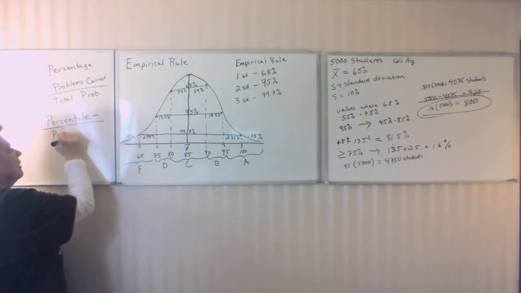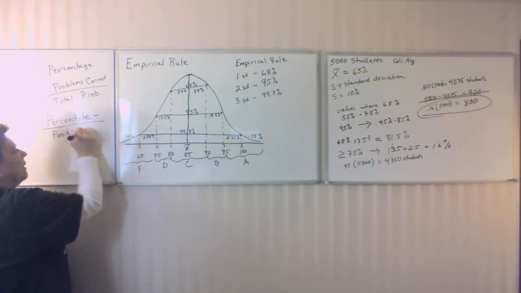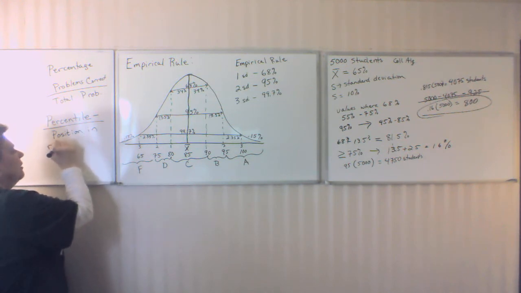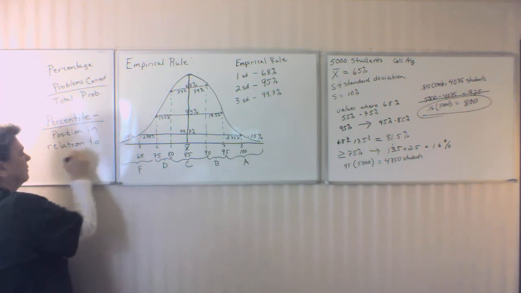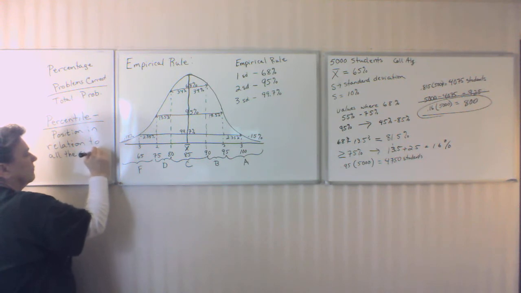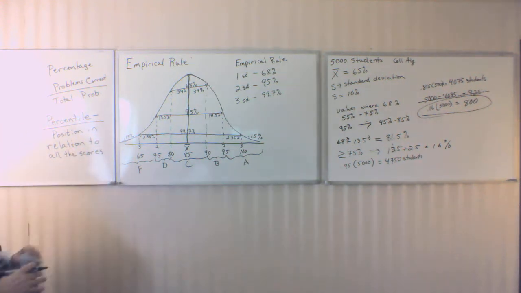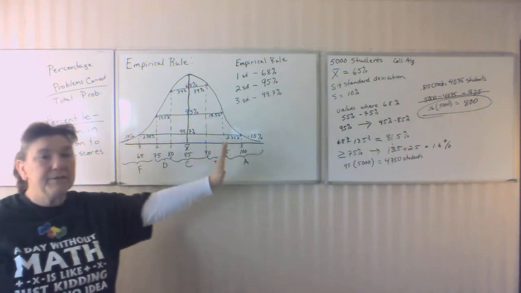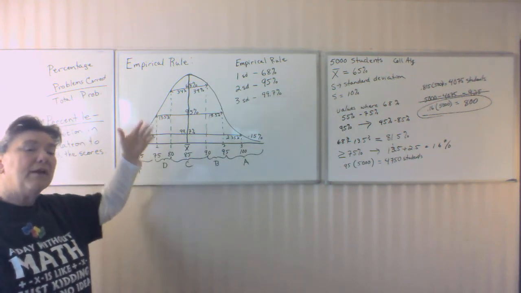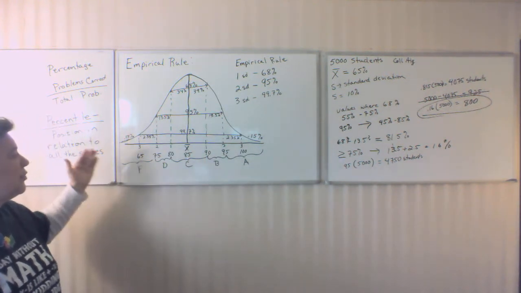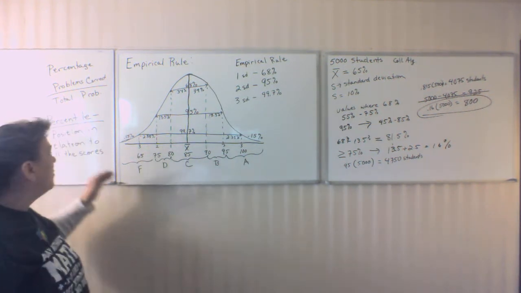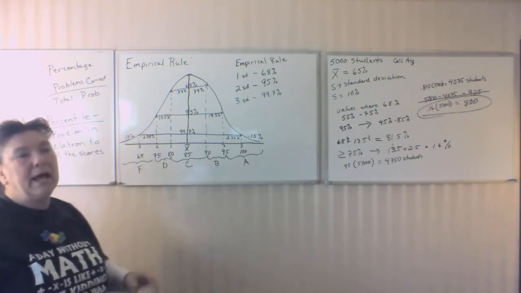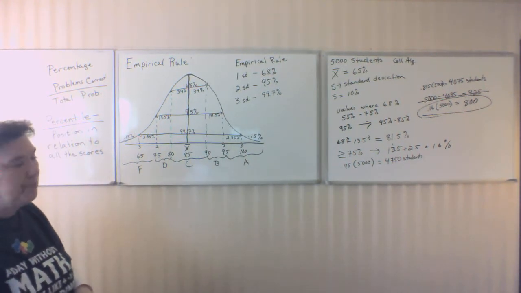position in relation to all the scores. And so if people score high on the test, you end up with a lower grade, because your position in relation to the other scores is what we're looking at when we're looking at percentile or the empirical rule.